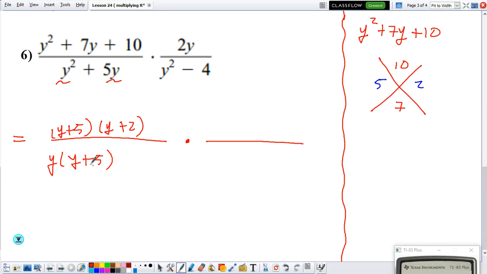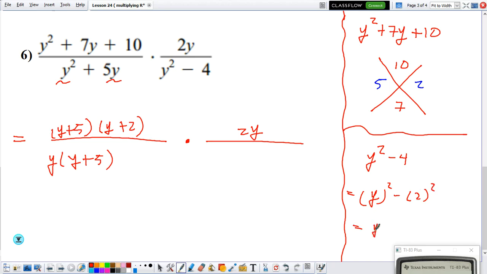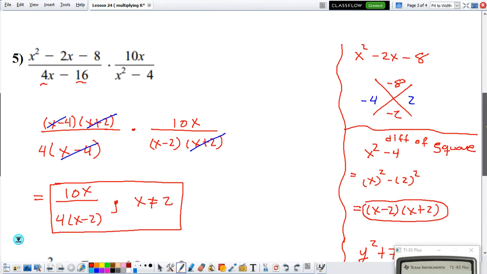Now the denominator, factor it out, 2y, y squared minus 4, again, it's a difference of squares. You can rewrite that as y to the second minus 2 to the second. So we can rewrite this as y minus 2, y plus 2, just like we did in the top example here.